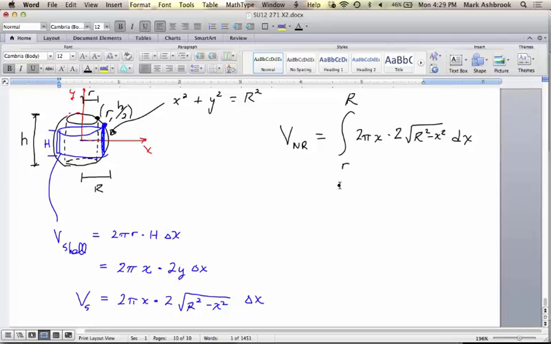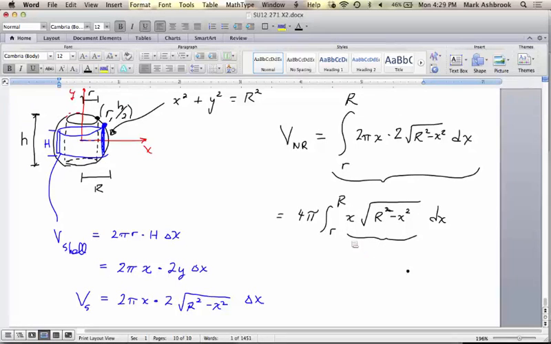And notice what happened. When we look at this integral here, what do you notice? So we can say 4 pi. Okay, so first of all, to evaluate that, we all should recognize that as undoing chain, because the derivative of this x squared is x, or a multiple of that.